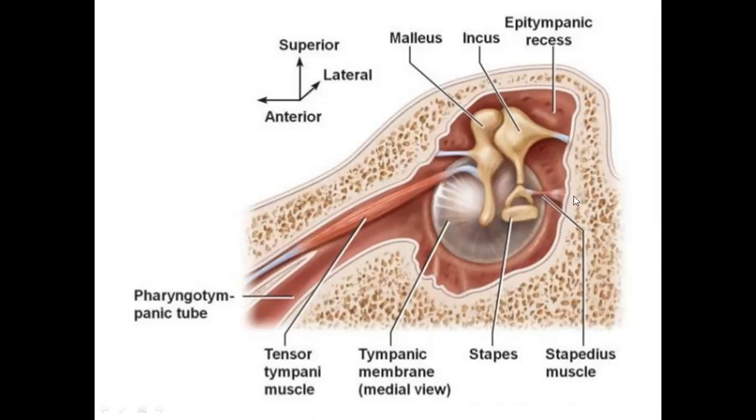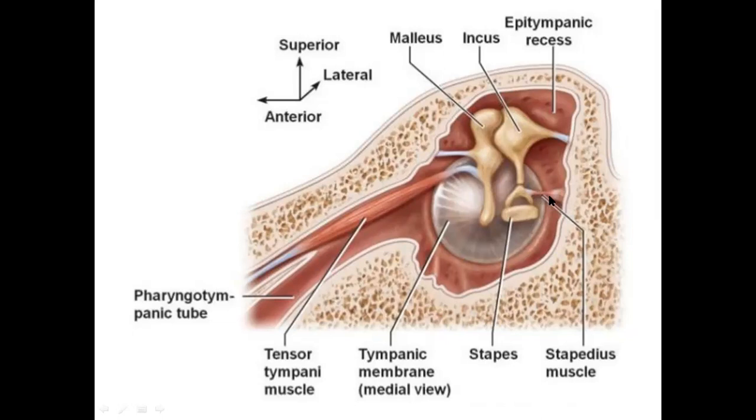This is another muscle, called the stapedius, and this is the posterior wall. This is the anterior wall, which contains the two canals, one for the tensor tympani and another for the pharyngotympanic tube. This is the posterior wall, which contains the mastoid antrum. This is the pyramid, a bony projection, which gives origin to the stapedius muscle.